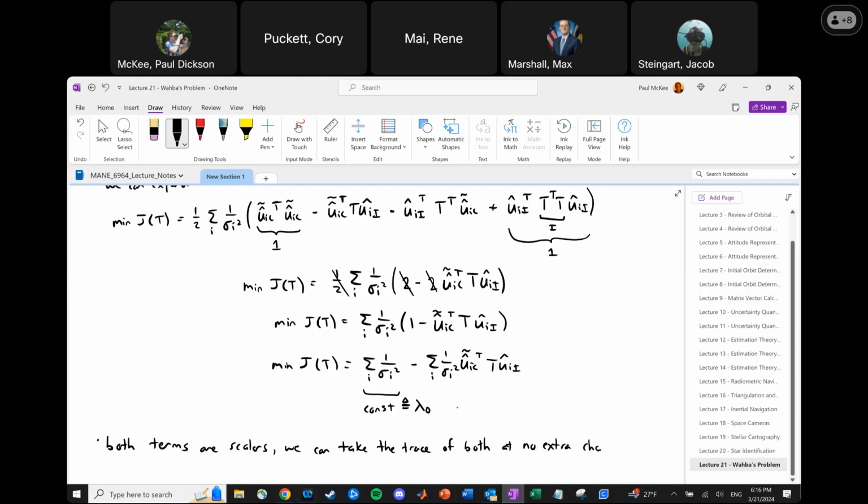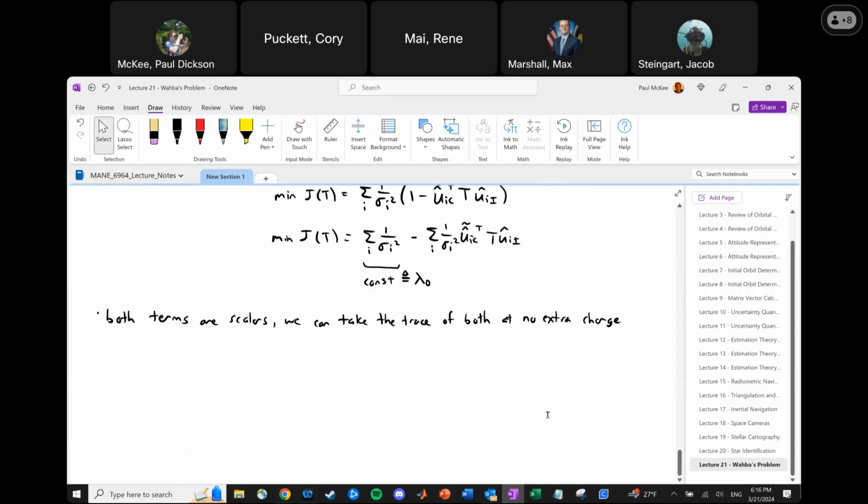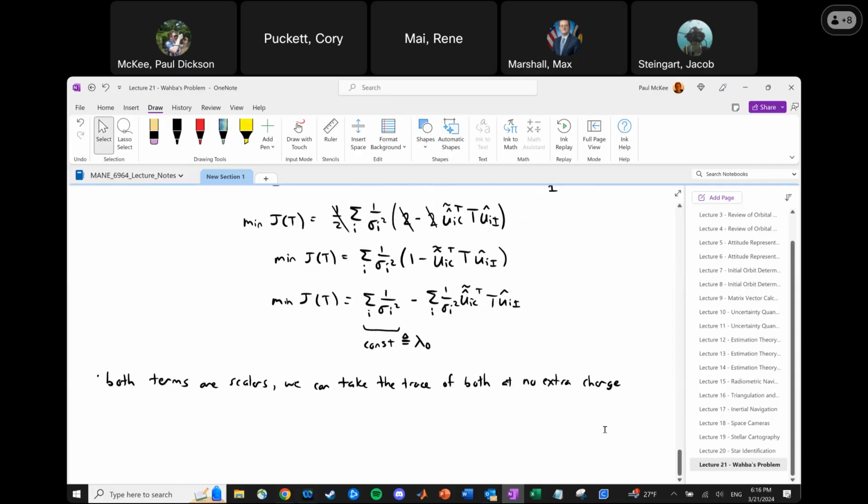It's free, right? Why? Because the trace of a matrix is the sum of the diagonal elements. The trace of a scalar is just itself. Okay. But we're going to wind up using some little cheaty tricks. Once we get the trace in there, it's like, oh, well, didn't you know there's this weird thing? And then it turns out you can just do this. And that's basically where this is going, if you didn't see it coming already.